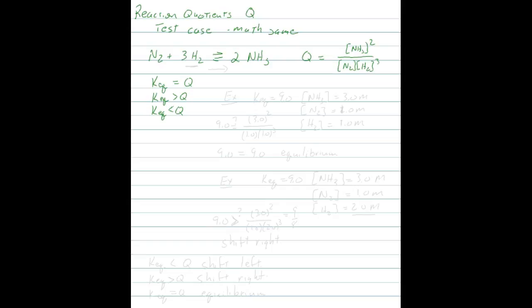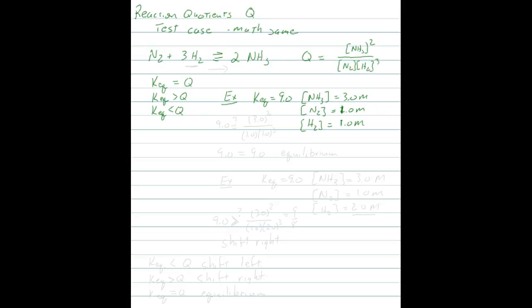So for example, you're given that the KEQ is equal to 9, that the ammonia is 3 molar, the nitrogen is 1 molar, and the hydrogen is 1 molar. And the question is, is this in equilibrium?